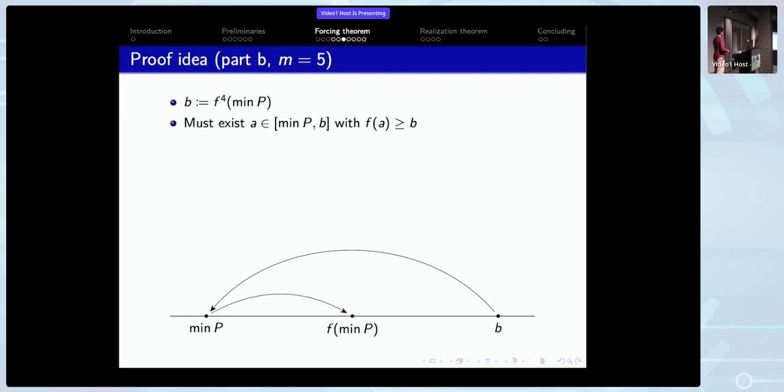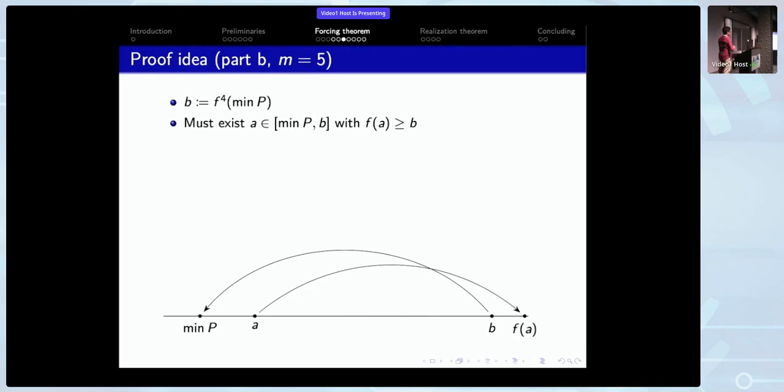Well, if not, then when you apply f to min P, you go up. If you apply it again, you must go up because I'm still within this interval by contradiction. But then as you keep going, you eventually get back at B. But that's not what we wanted because we said that for every point inside this interval, you must be below B. So there's a contradiction, and I can find my A.